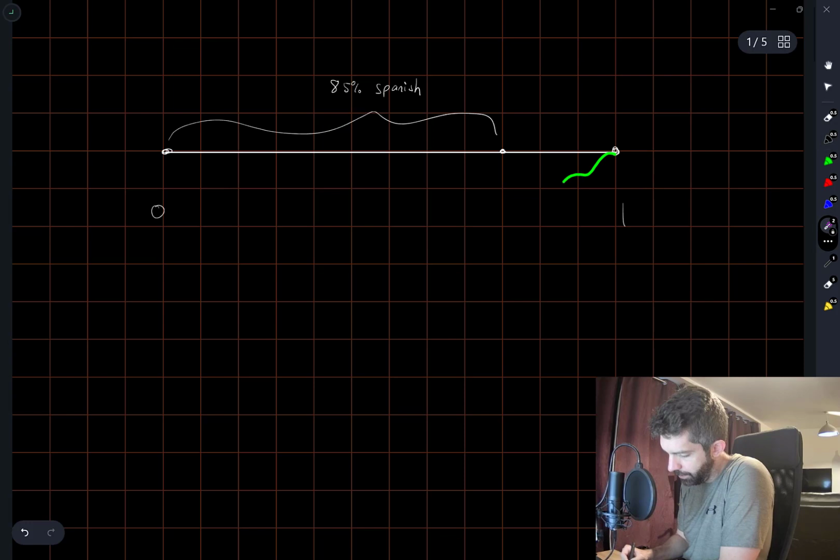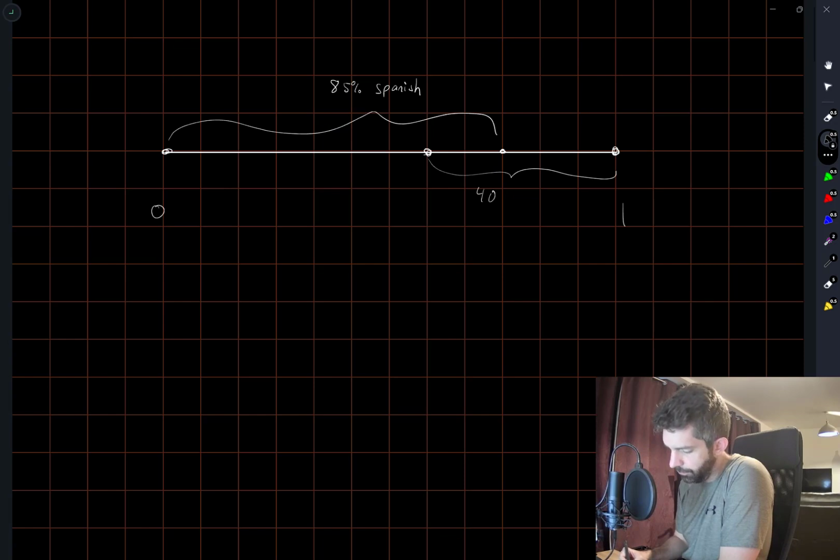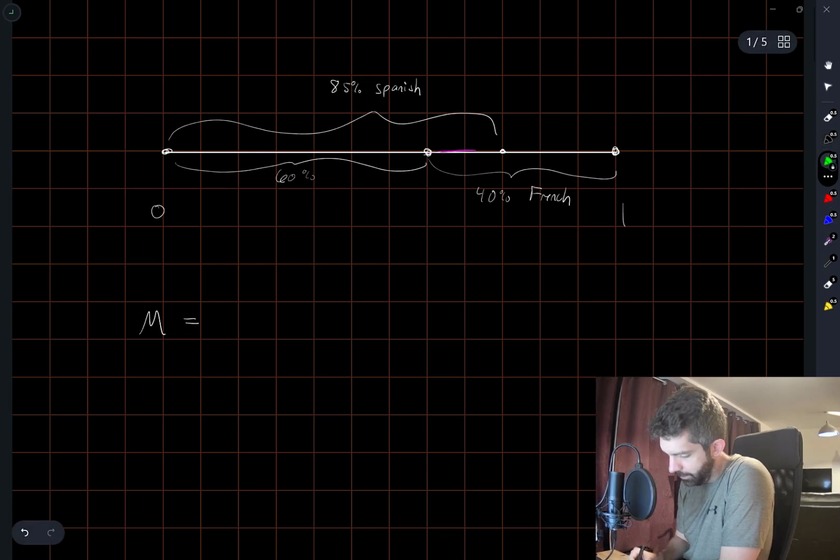All of these students here must study French. So I need to maximize the French percentage, which was 40%. So capital M should be... sheesh. So this is 60%. So this overlap then is 15%.